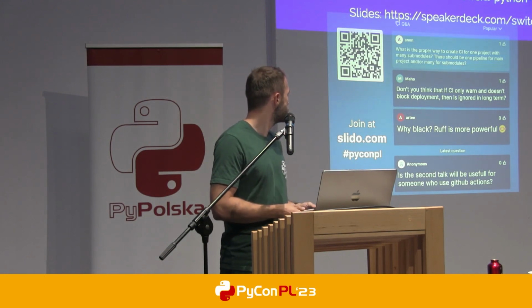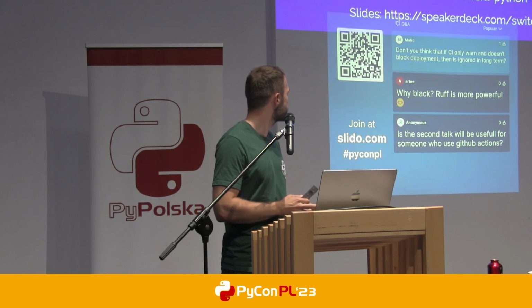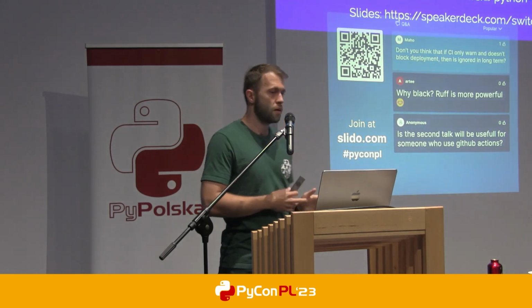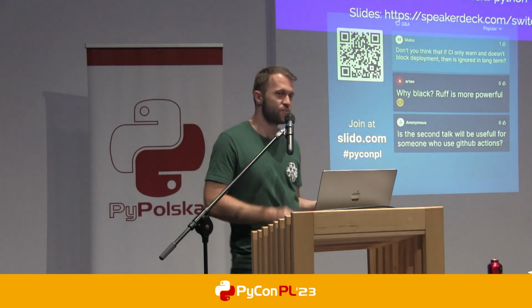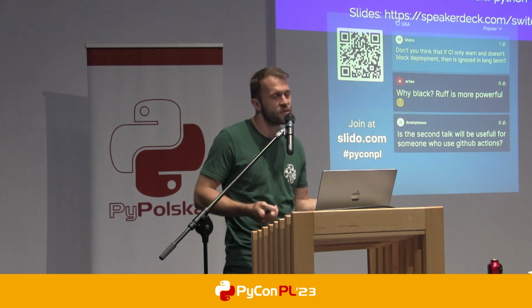Do you think that if CI only warns and doesn't block deployment, then it is ignored in the long term? Good question from Łukasz. It's a bit about how you approach working. Of course, you can always ignore CI. My main problem is actually the other way around.